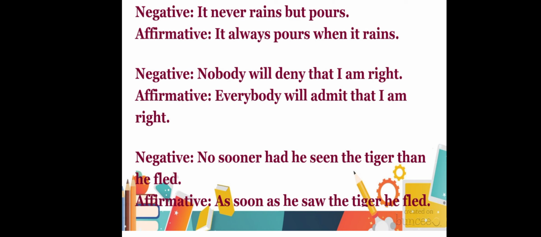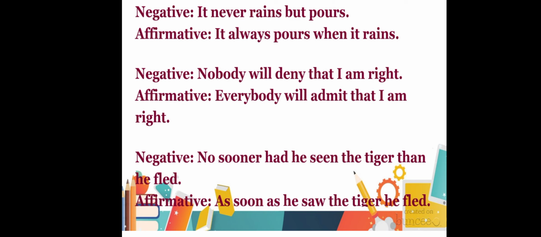In negative sentence it is: No sooner had he seen the tiger than he fled. I think you are able to recall the rule which we are going to apply here. So what you have to do? You have to replace no sooner had than by as soon as. While changing a sentence from affirmative to negative, you replaced as soon as by no sooner had.